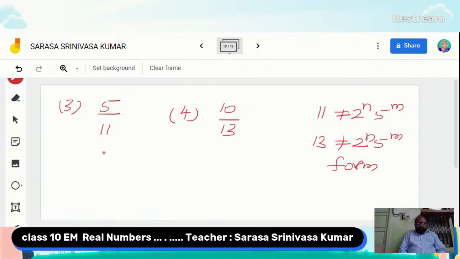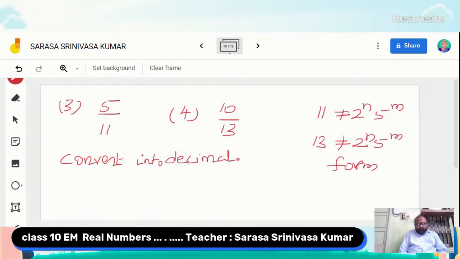So you do these 2 problems and convert into decimal numbers.